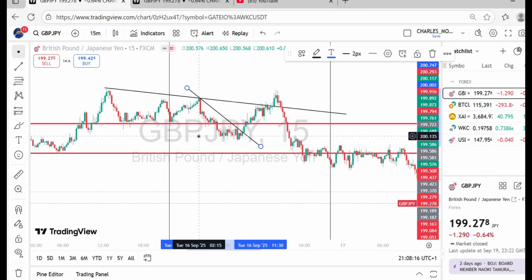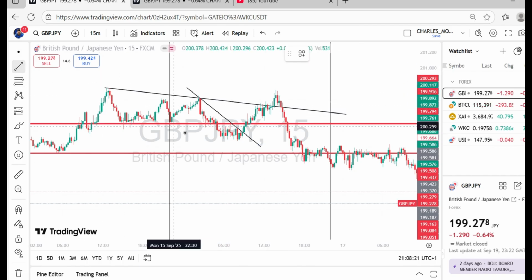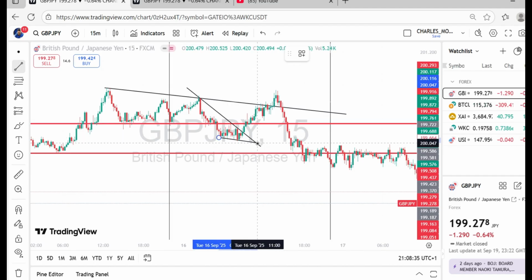But if you see from this, there's no reason for me to plot my trend line for any short trade. There's no reason high for me to connect my trend line, and I cannot take something like this, even though this chart pattern looks somehow neat.